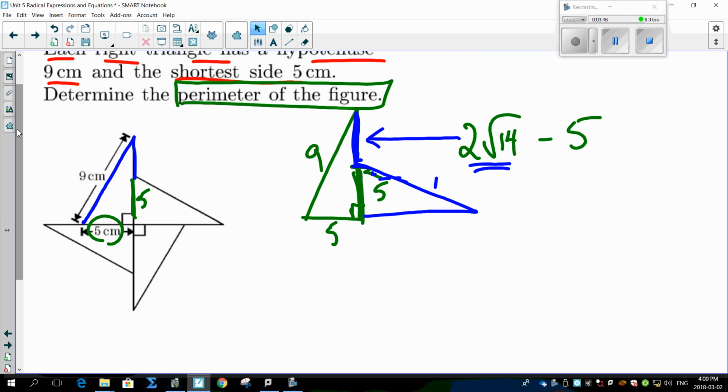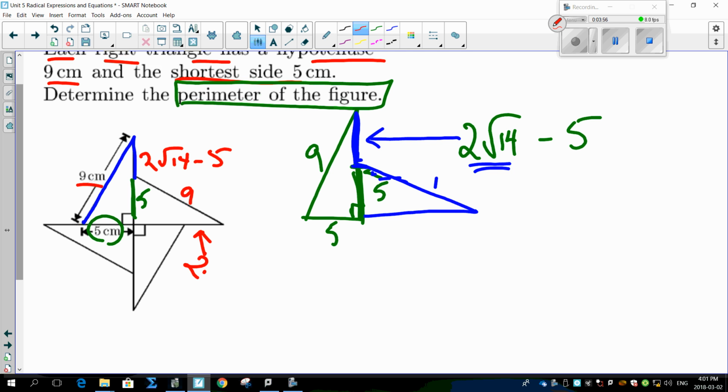Look, this is 9 plus 2 root 14 minus 5. This is 9. Guess what? That piece is the same. That's 2 root 14 minus 5. That's 9. Guess what? 2 root 14 minus 5 again. Okay? That's 9. Guess what? 2 root 14 minus 5.